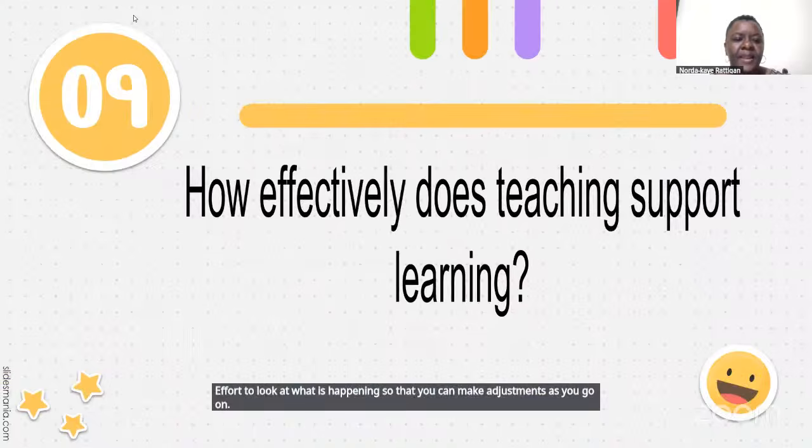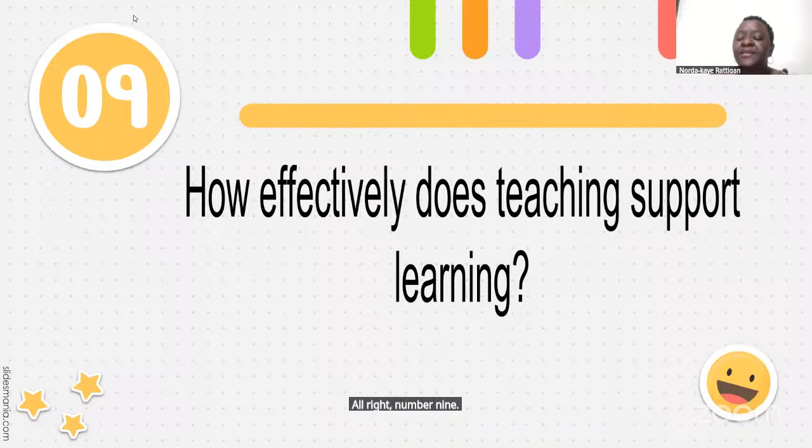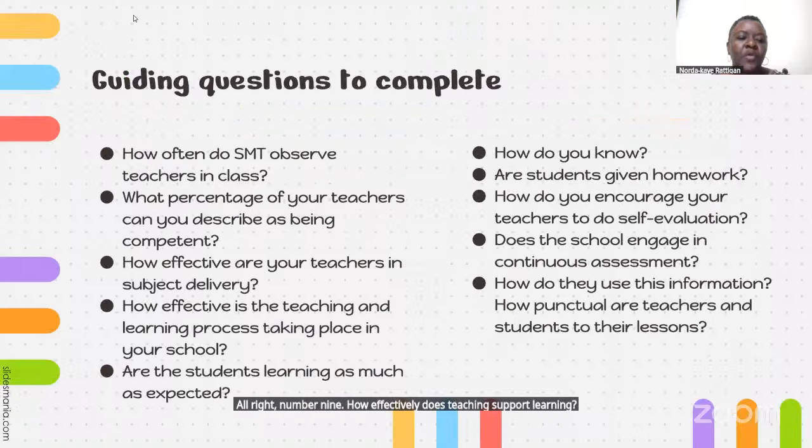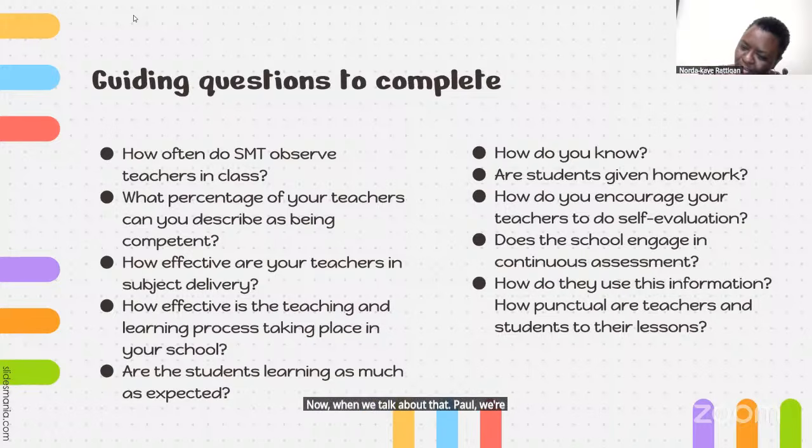All right, number 9. How effectively does teaching support learning? Now, when we talk about that, we're going back to the teacher and looking at the delivery of the content. So we're going back into the lesson plan and into the observations.